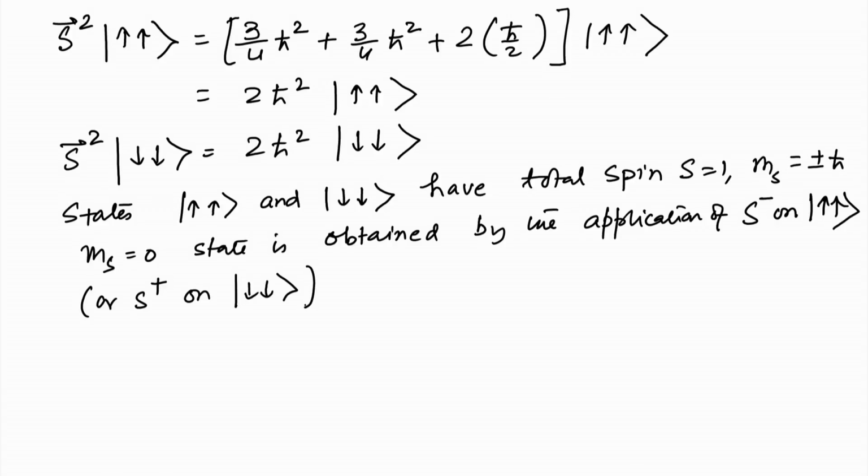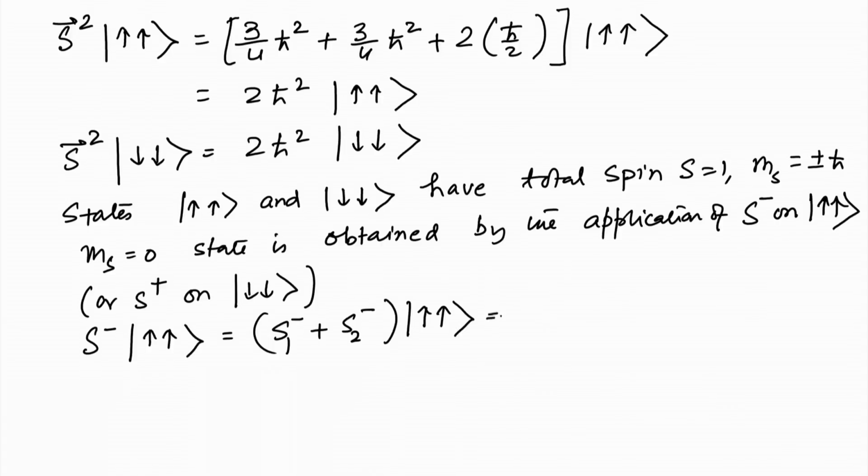So, S minus on the up state gives me S1 minus plus S2 minus on the up state, which gives me, so S1 minus will lower this spin, and now this is something that you should have done in quantum mechanics.